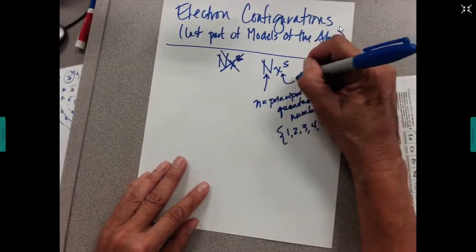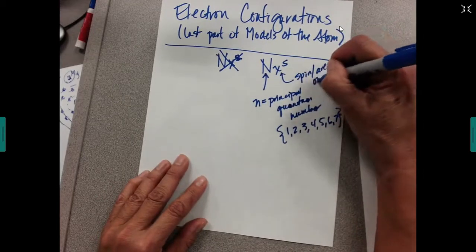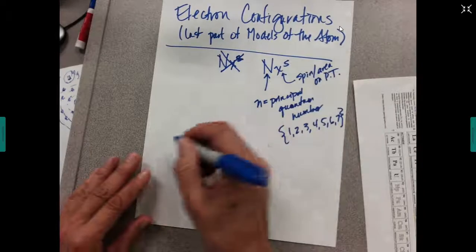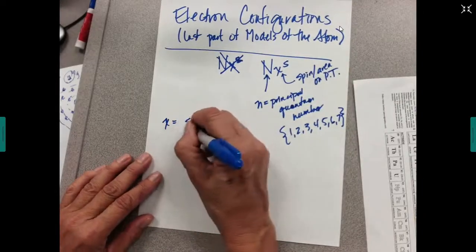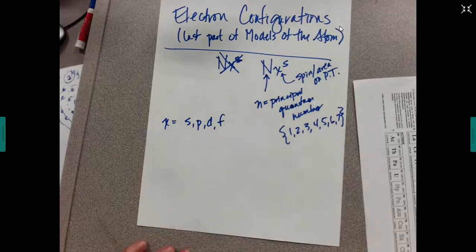X has to do with the spin or area on the periodic table, and X can be S, P, D, or F. Those are 4 letters that designate the way a particular electron is spinning within the context of a particular energy level.